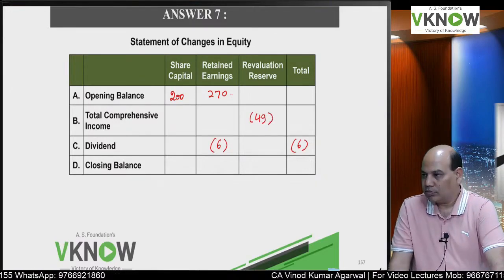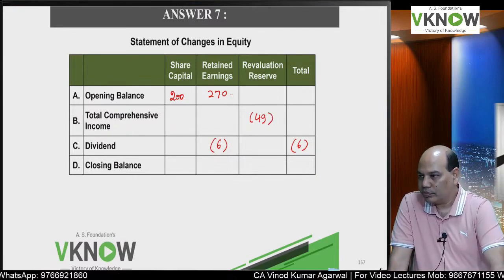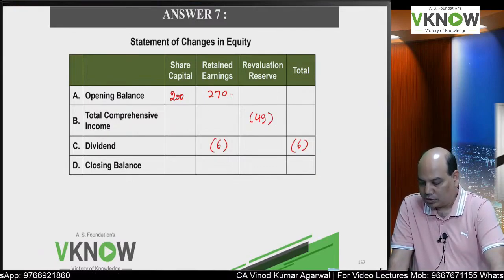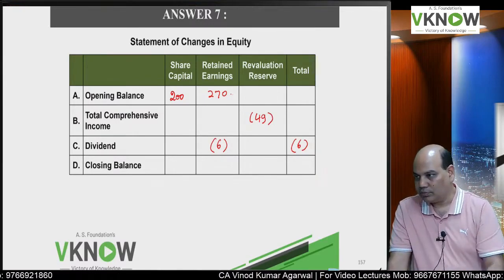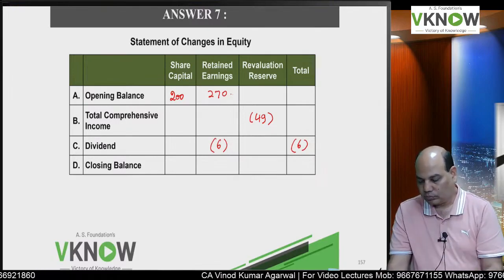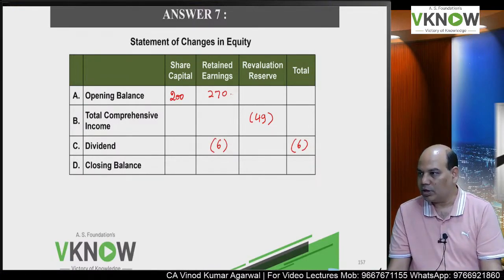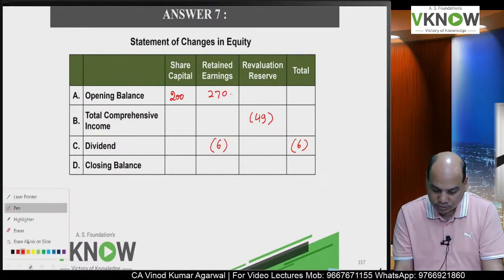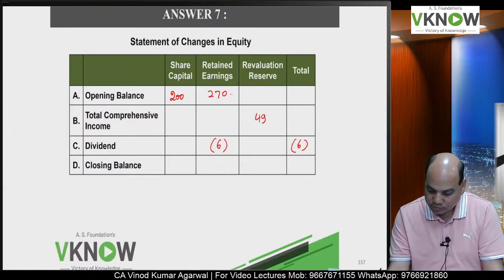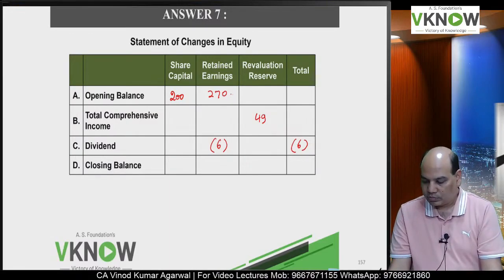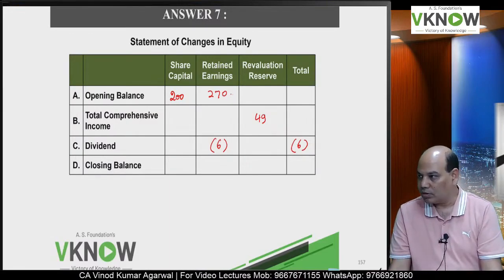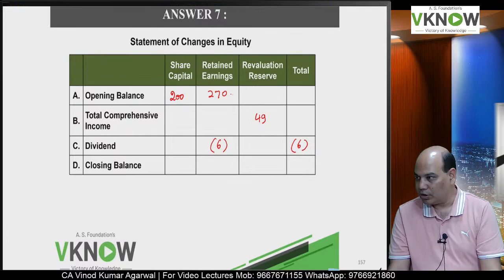No, net amount 49. Revaluation reserve net amount 49, 70 minus 21 net amount. And sorry, not negative, that is by mistake. 49. So the net effect on the reserve will be 49.